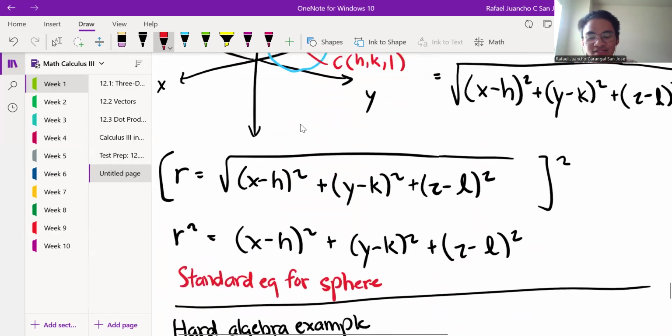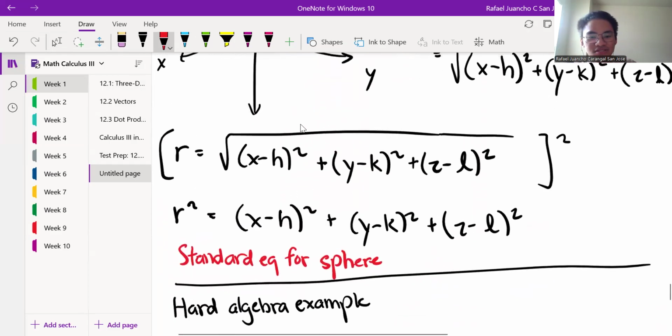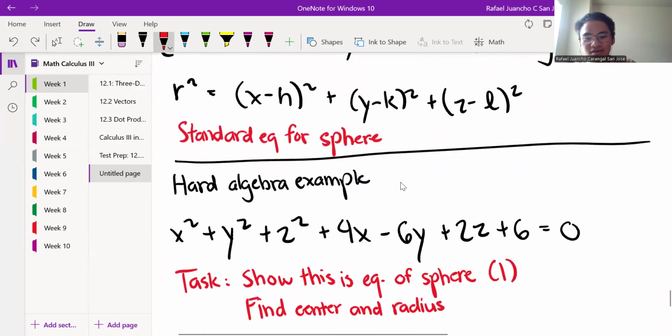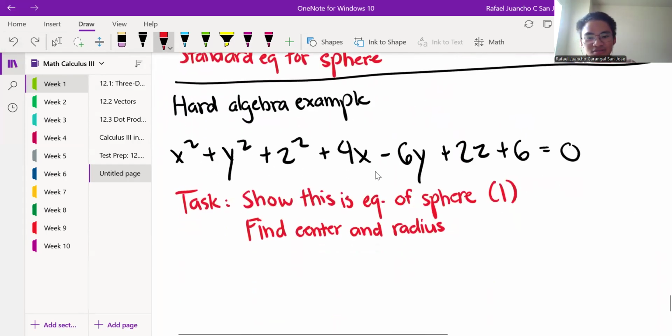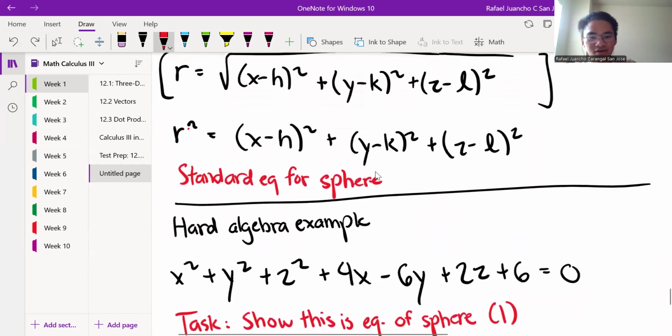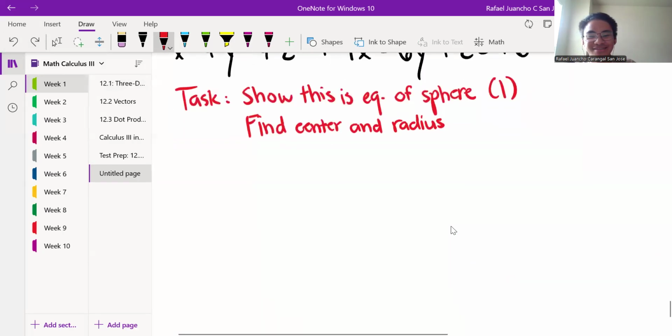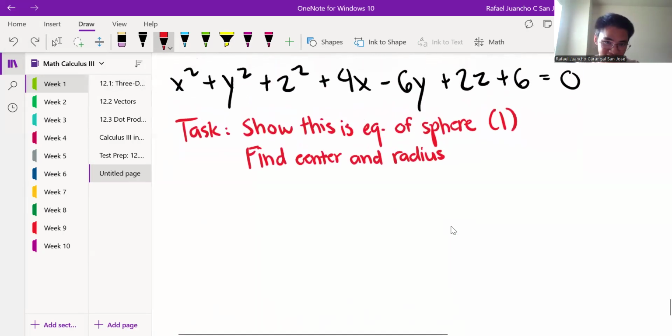So how do we find that center? Well, our center is just this one, that consists of these 3 points, an ordered triple, right? And now how do we find the radius? Well, r, we just have to find that. Okay, so let's do this step by step, yeah?